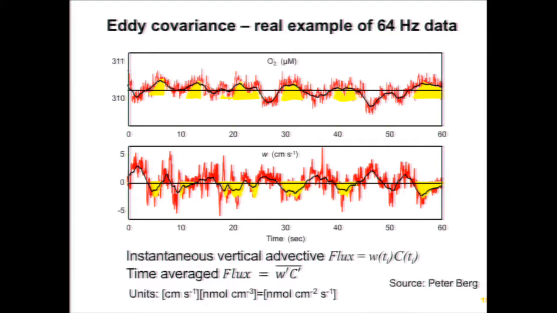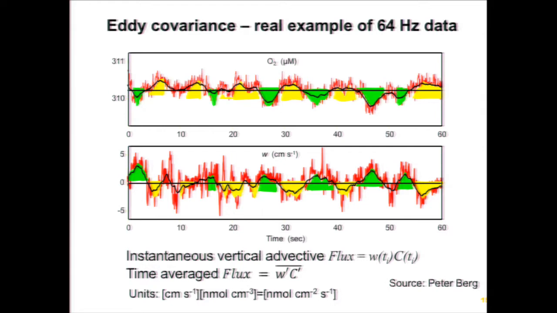But what's key here, I just want you to notice, is that there are parts of the record, for instance, where the vertical velocity, that's W, is mostly towards the bed. And in those periods of the record, you tend to see higher oxygen concentrations. Whereas in other periods, when the velocity is away from the bed, you have lower oxygen concentrations.